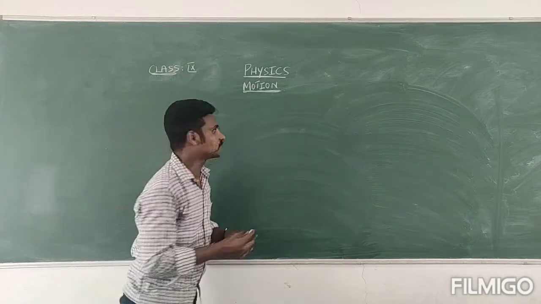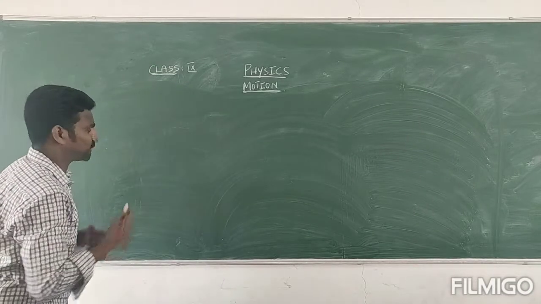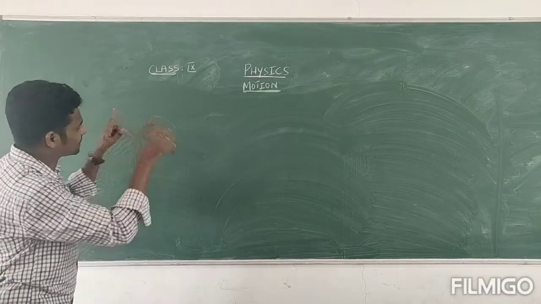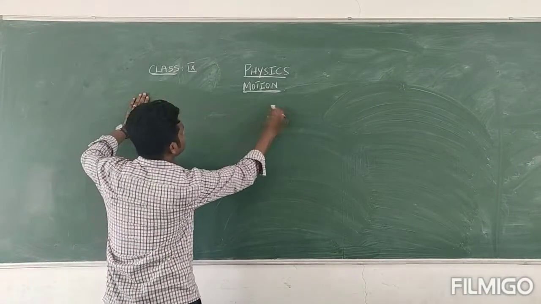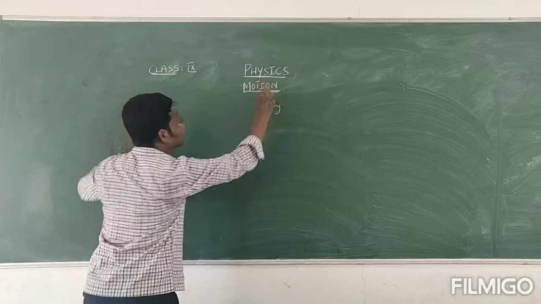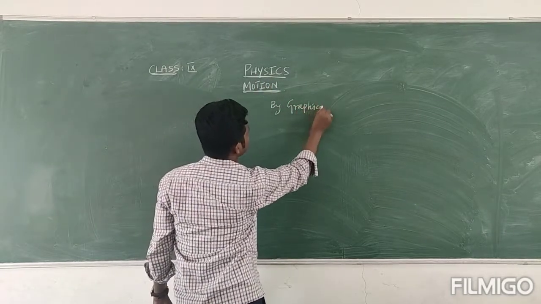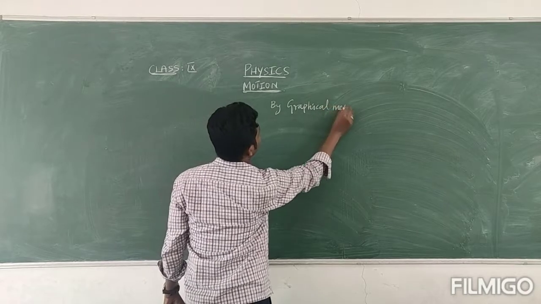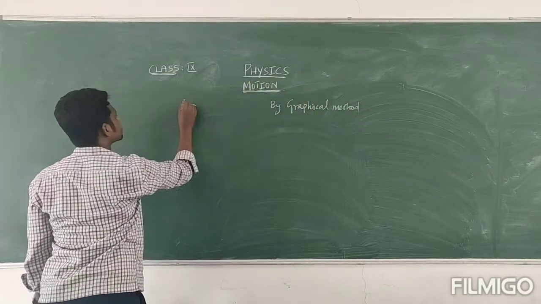So by using the graph we are going to do the equations of motion. The special name we call it is the equations of motion by graphical method.